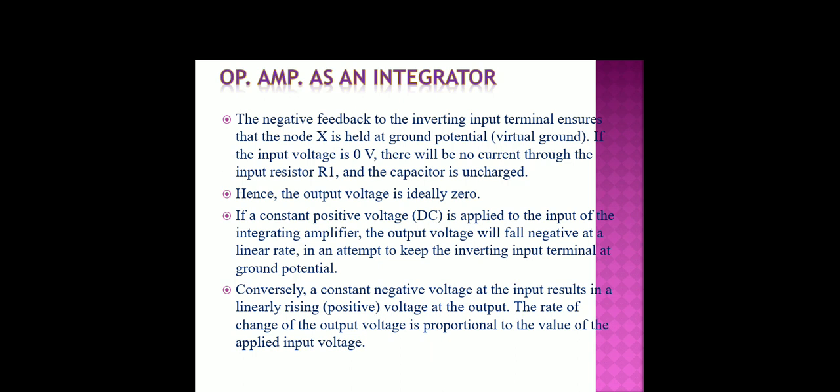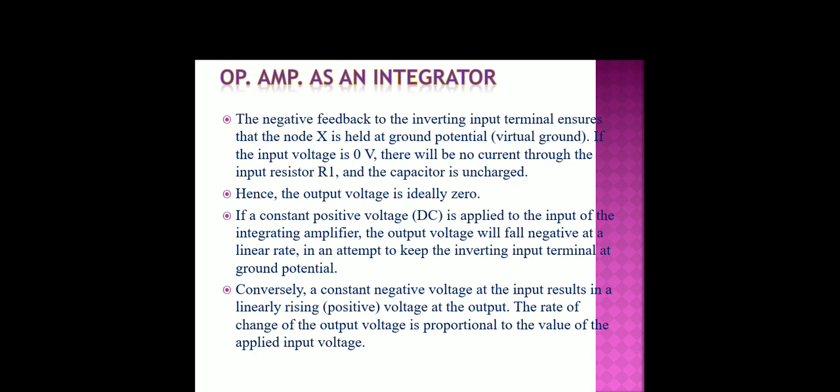So, the capacitor Cf is connected as a feedback capacitor, so the name Cf, and it is at the negative terminal. This ensures that node X is held at ground potential, that is, at virtual ground.